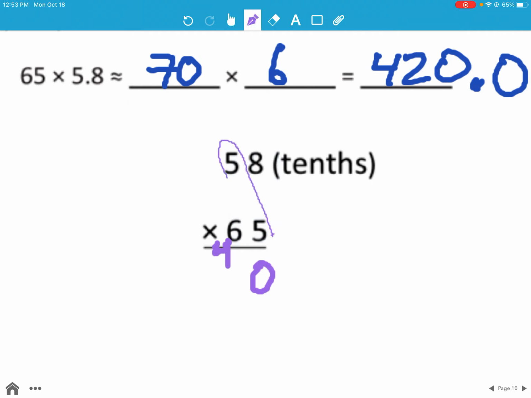My next step is to do 5 times 5, which is 25, plus the 4 gives me 29. So you might ask, why 29? It's because 5 times 5 plus 4. So we do 5 times 5 first, and then we add the 4. That's our 29.